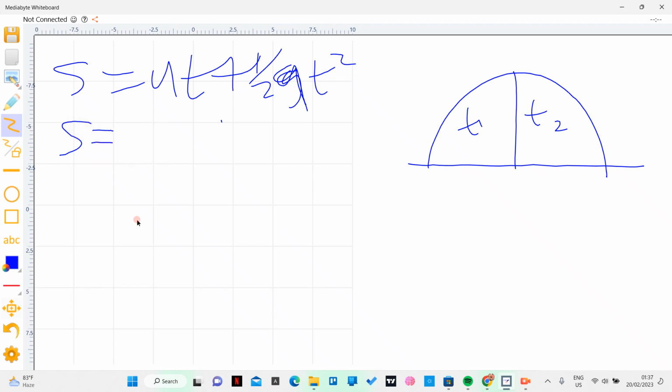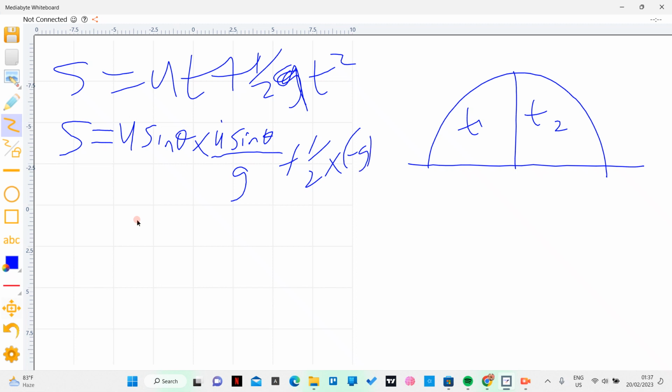Okay, s equals u, which is u sine theta, times our t. Our t is u sine theta over g. Now, plus half times minus g. Then our t is u sine theta all over g. Don't forget everything is squared.